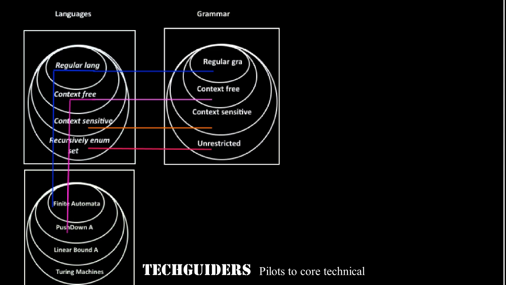Similarly, a language accepted by a linear bounded automata is always a context-sensitive language. Sometimes it can be context-free language and sometimes it can be regular language too. And the same here.